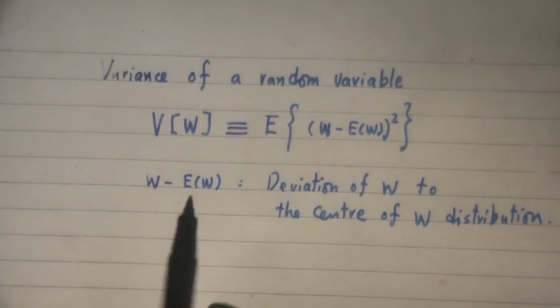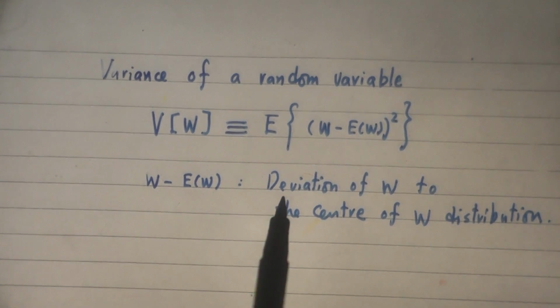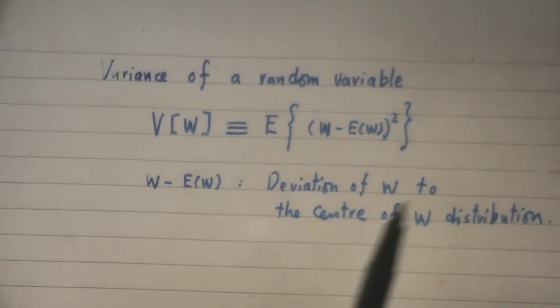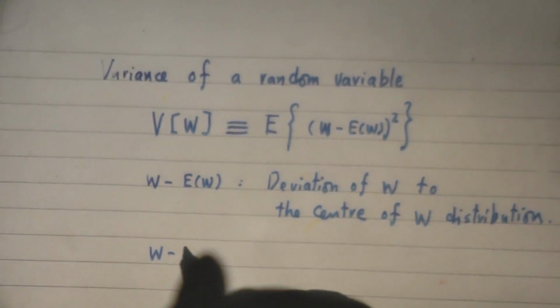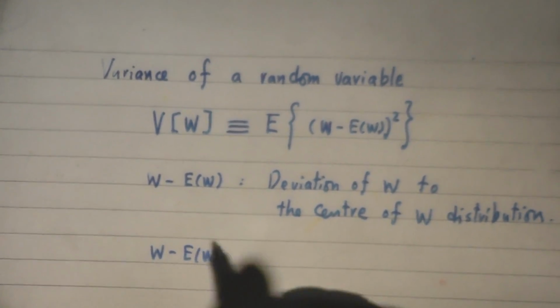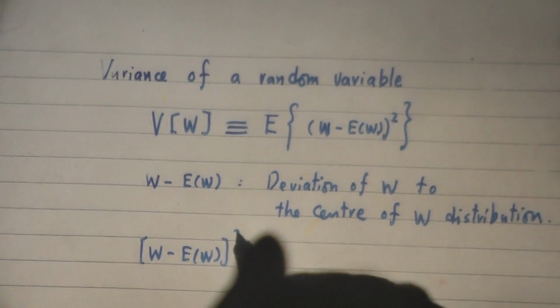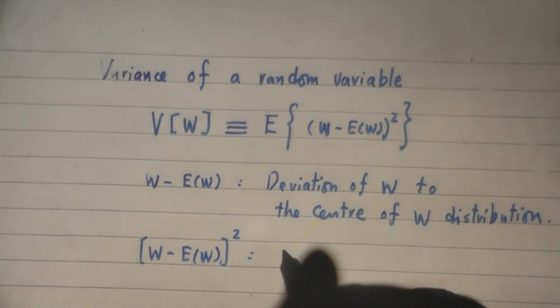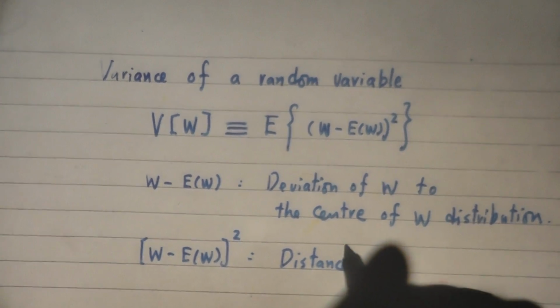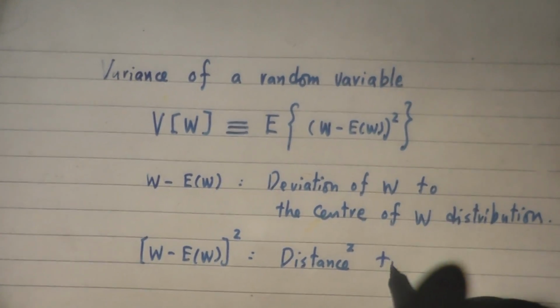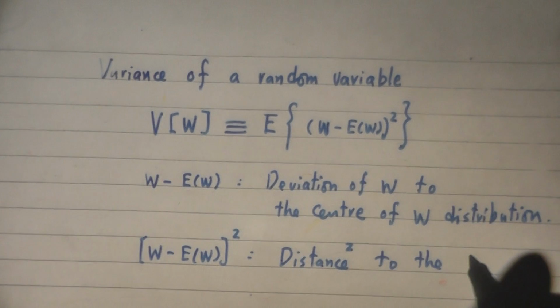W minus EW tries to measure the deviation of W to the center of the W distribution. And what's W minus EW squared? This tries to describe the distance squared to the center of the distribution.